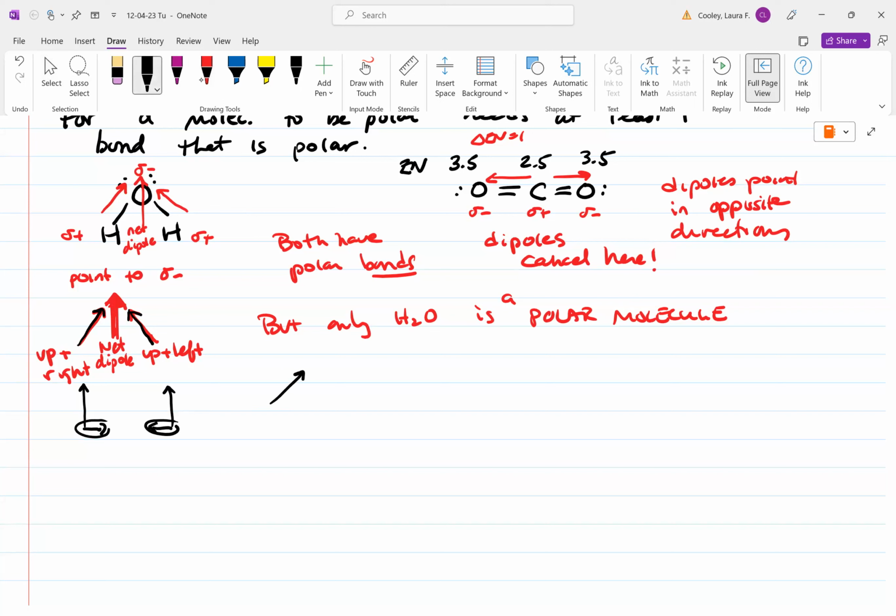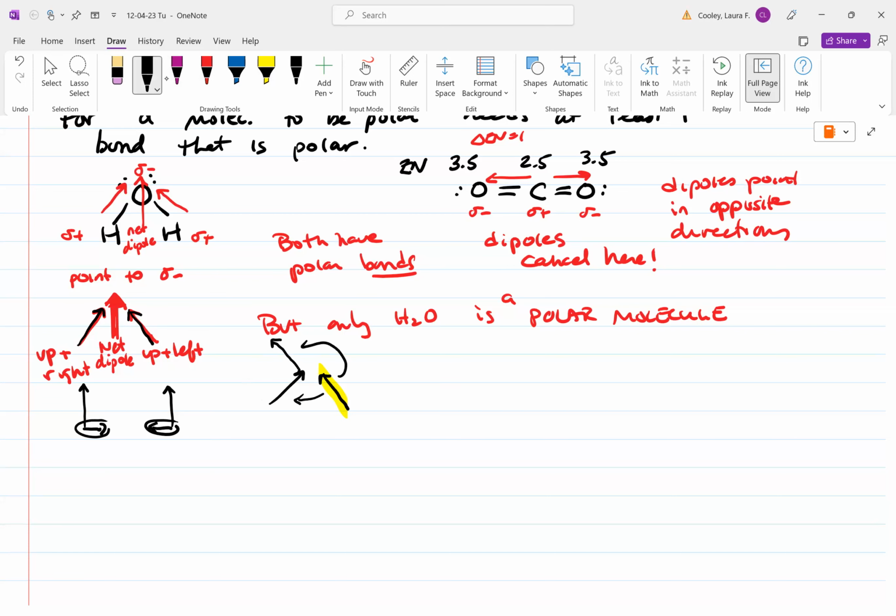Another way you could think about this is vector addition. If you have a vector like this and a vector like this, and a vector is just an arrow, it's got a direction and a length. The length is like the magnitude of the dipole. If you want to add these two up, you could translate this one to the head of the other one.